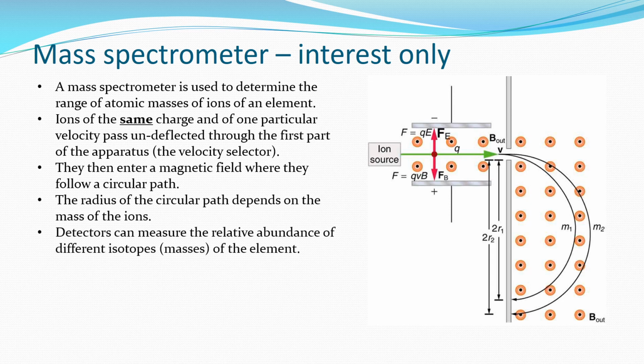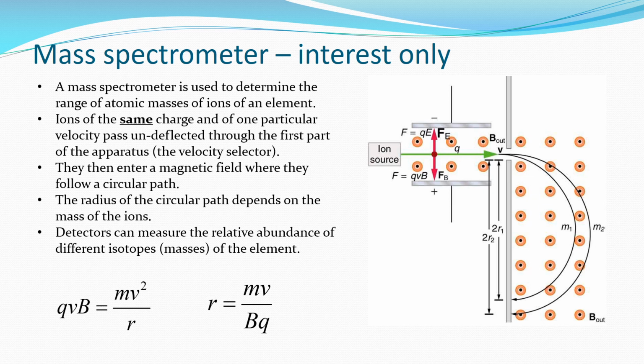The detectors can measure the relative abundance of different isotopes, different masses of the element, and then we can use the relationship. We're just relating F equals QVB, that's the force due to the magnetic field, to our central force, mv squared over r. Rearranging this, we get R, the radius, is equal to mv over BQ.